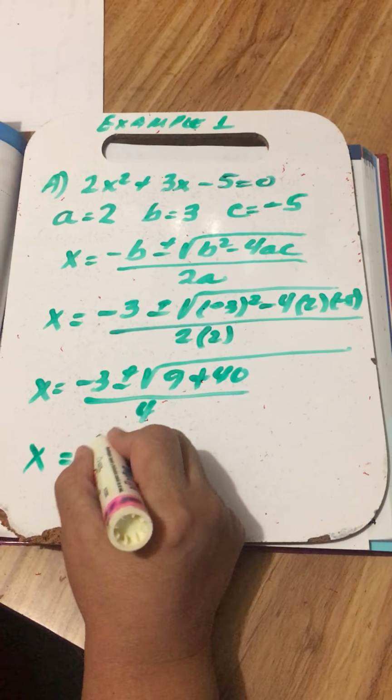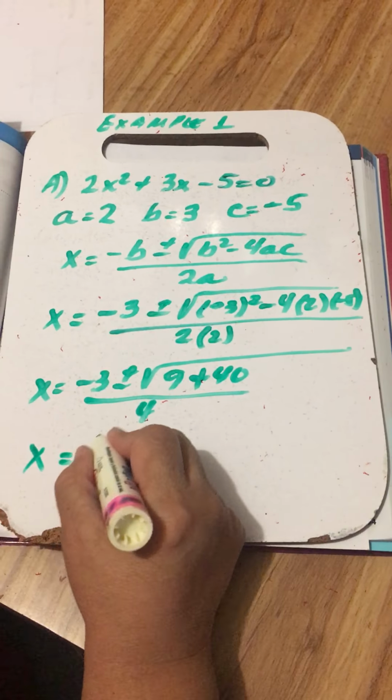Here you can check, we obtain the two solutions of that equation. I have one, x equals minus 3 plus the root of 49. The root of 49 is 7, divided by 4. And the other solution is going to be minus 3 minus 7 divided by 4.